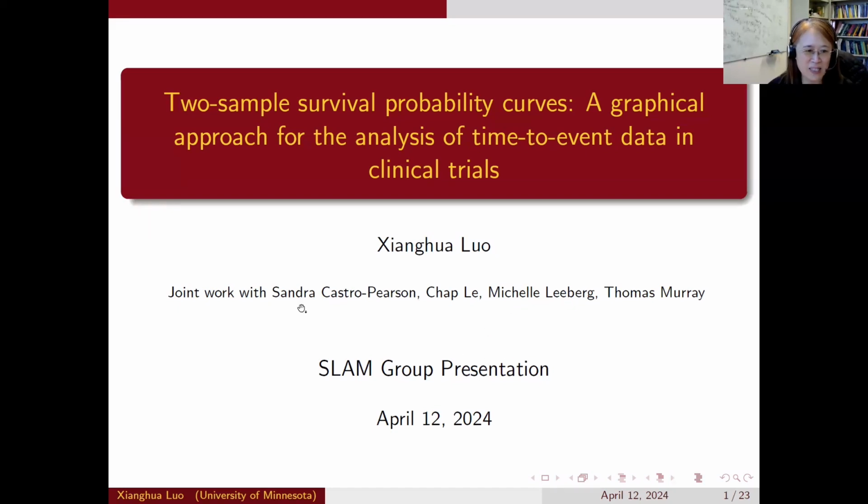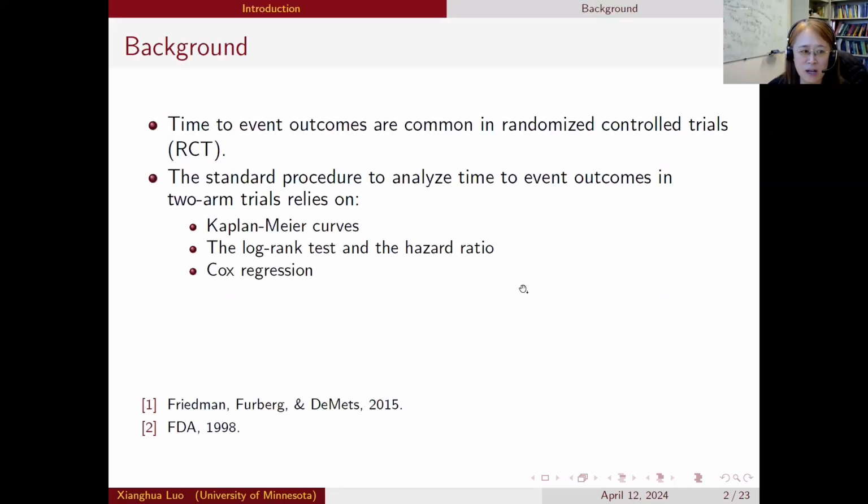Anyhow, let me give a brief introduction of the background. As we know, time-to-event outcomes are common in randomized controlled trials, RCT.